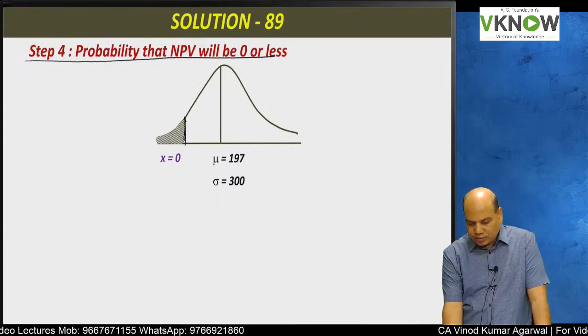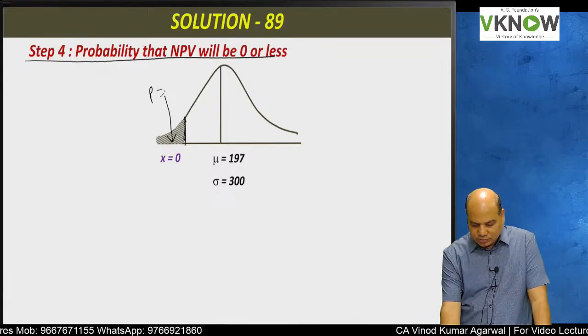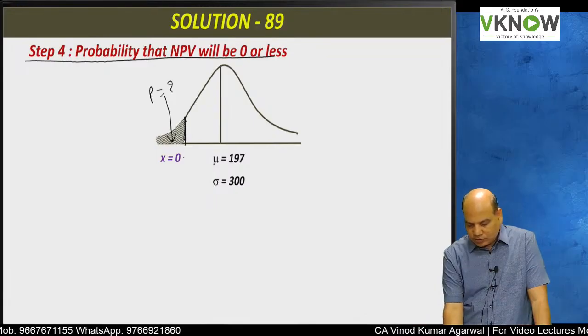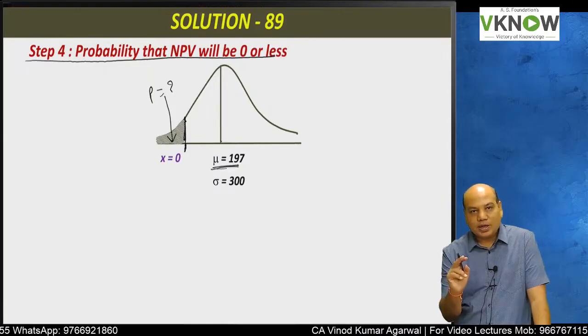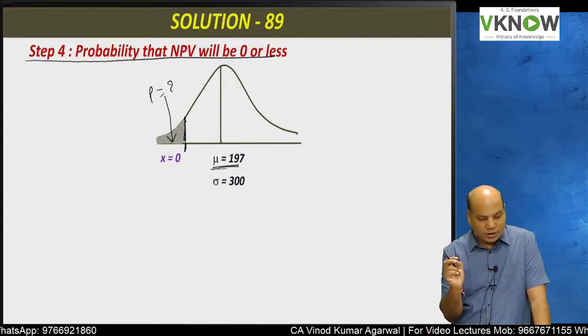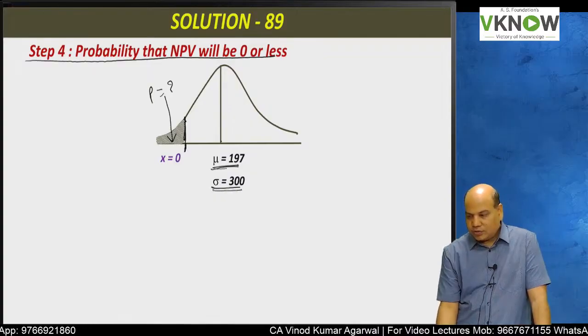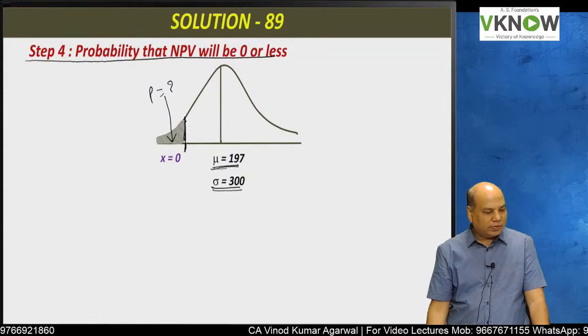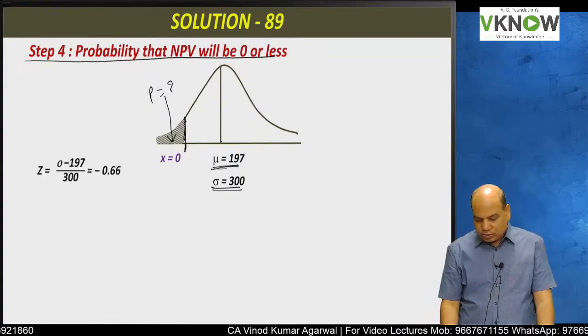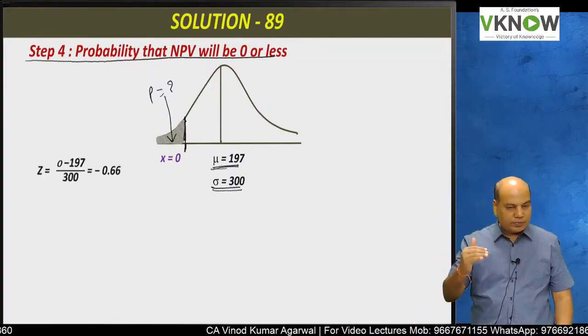I need to find the probability of this area, X equal to 0, right here. In the center, mu is expected NPV 197, standard deviation is 300. Write down below, right below the graph.